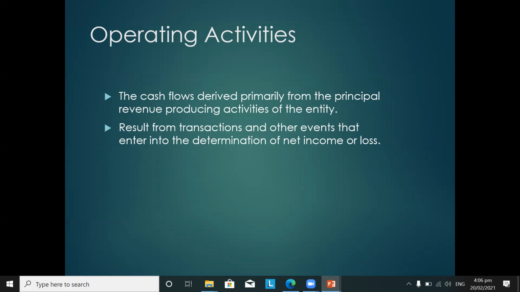In other words, operating activities generally result from transactions and other events that enter into the determination of net income or loss.